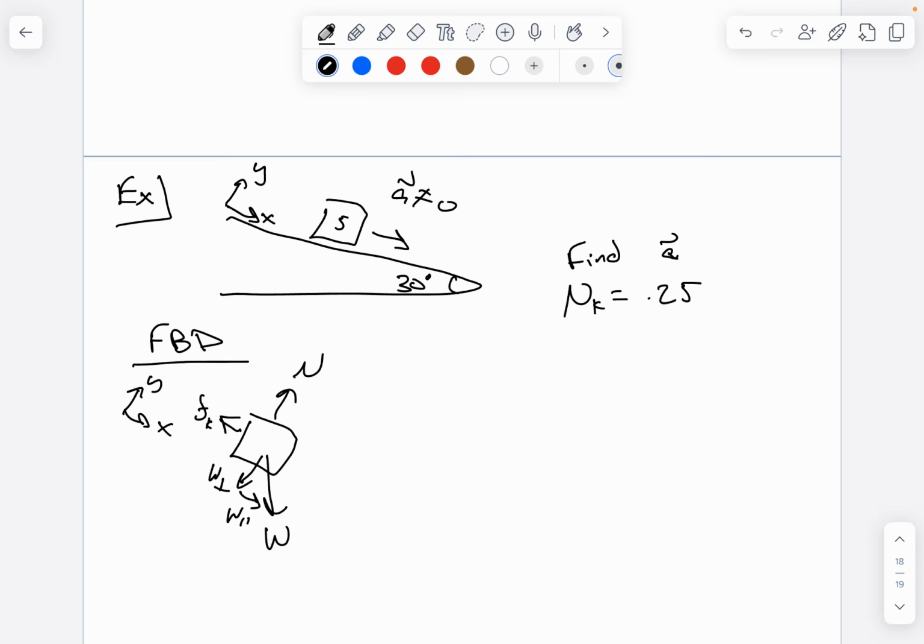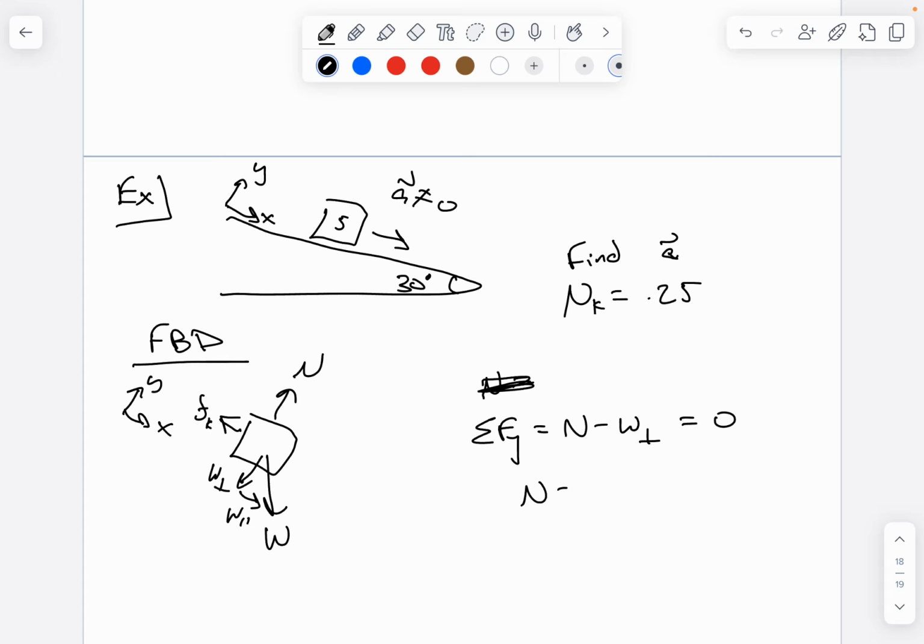All right, so let's go ahead and find our normal force. We know there's no acceleration in the y direction. So normal force is equal to weight perpendicular, because if we do the sum of forces in the y direction, we get normal minus weight perpendicular equals 0.